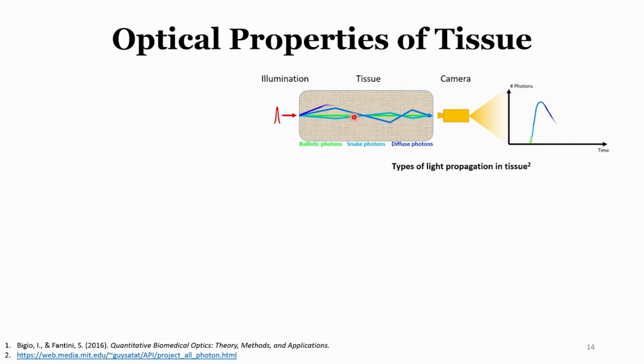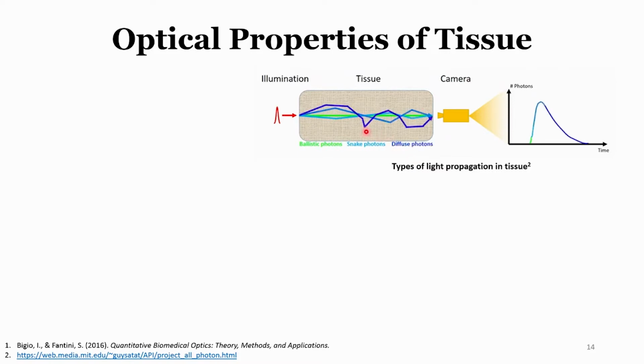The ballistic photon does not undergo, or undergoes very minimal, scattering events. Snake photons are the photons which undergo scattering which is again not many, with the lowest being in the case of ballistic photons. And then finally, we have the diffuse photons, which scatter the highest.